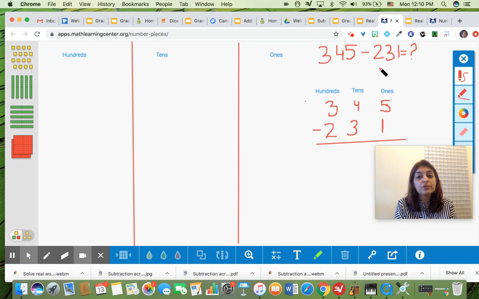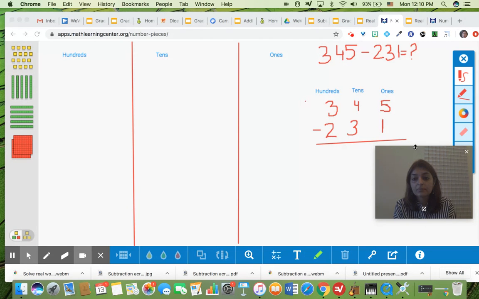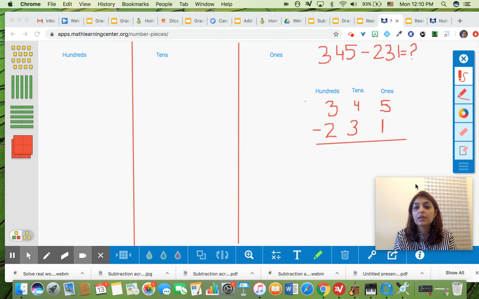We need to subtract these two numbers. So I have made sure that the greater number comes on the top and the smaller number comes below it. Now, let's solve this problem.